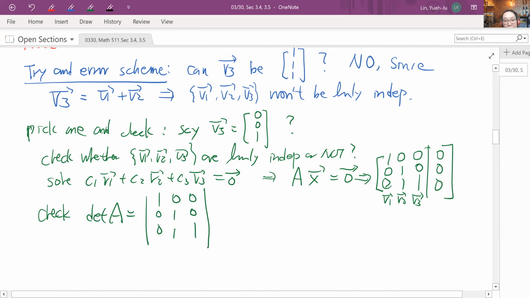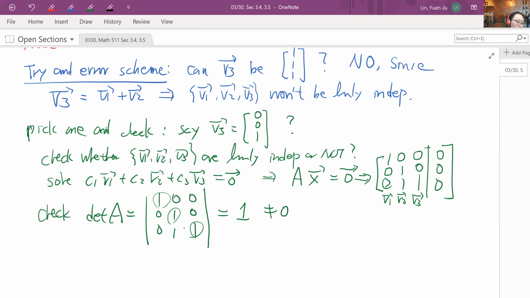Because I picked this very easy example, you can see it directly equals 1 because it's a lower triangular matrix. You can just multiply the diagonal, so you know the determinant is 1 right away.